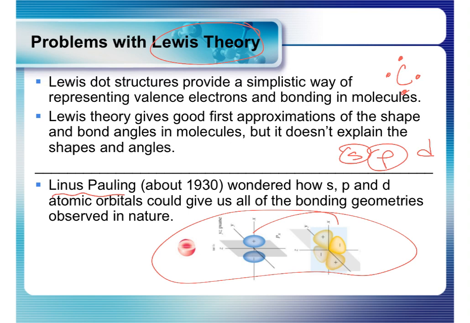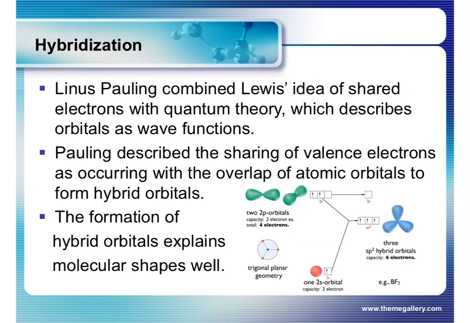And he focused in, at least initially, on how we could get the shapes that we observe from the atomic orbitals. And he decided, for a variety of legitimate reasons, that he would theorize that the atomic orbitals, when they overlapped to make a bond, formed hybrid orbitals.